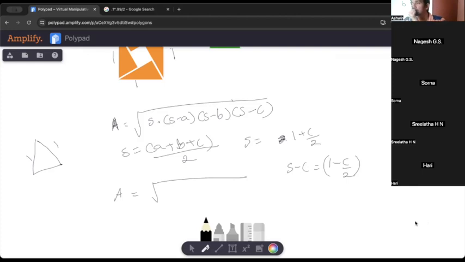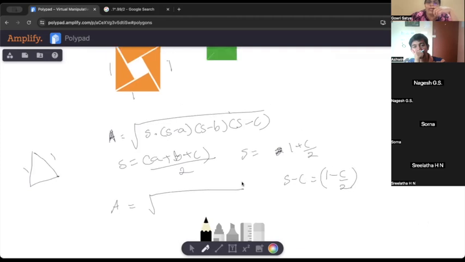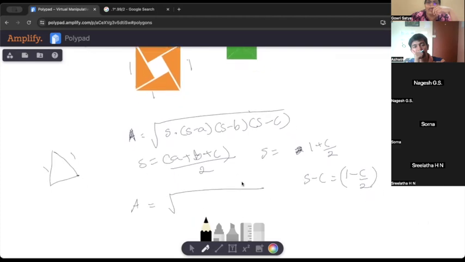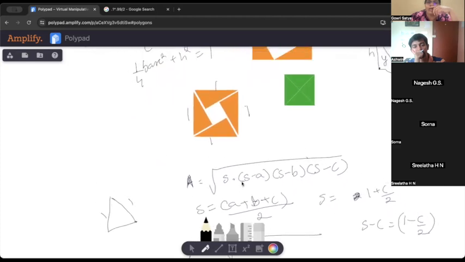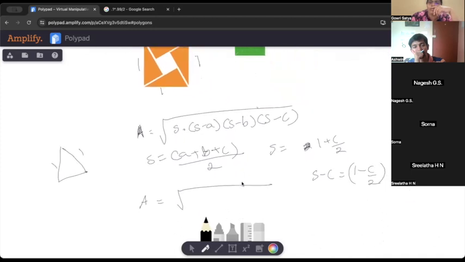Am I correct? That could happen only when I go on maximizing the apex angle. But no, the question is slightly different. We have to maximize the area. That happens only when this length gets maximized. Right? But the height will also reduce, right?